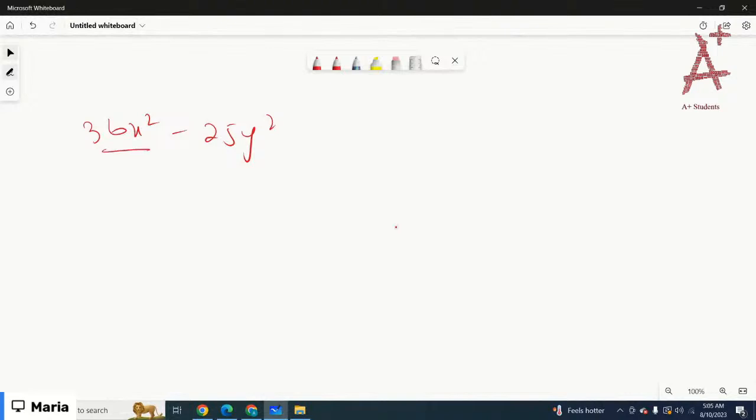Okay. So this one, 36x square, is the square of 6x, and 25y square is the square of 5y, right?